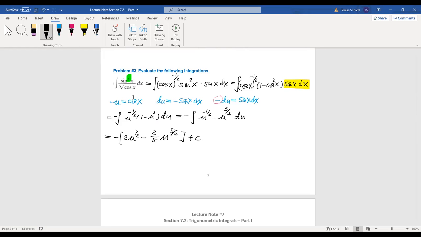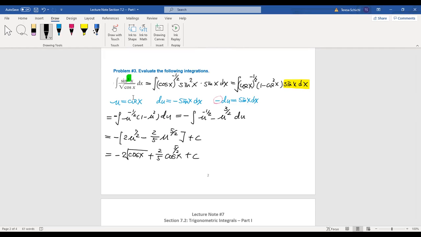Then plus C. Last step, substitute the cosine back. So this is negative 2, cosine x to the 1/2, the square root, correct? And then minus negative is plus 2/5 cosine x to the 5/2 plus C.